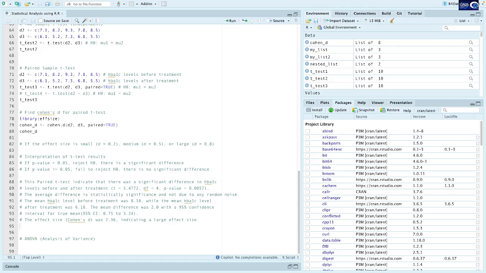So first we will load the necessary libraries, ggplot2 and car. I will install car.